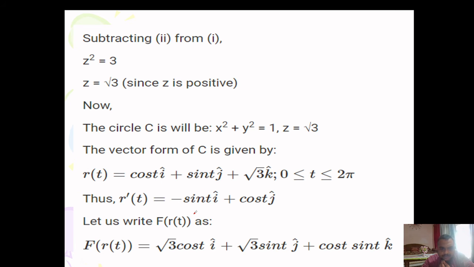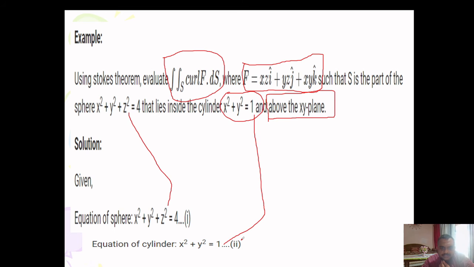Now, I write this force as f of r(t) is equal to root 3 cos t i plus root 3 sin t j plus... So what will this force be? The force is given as x z.